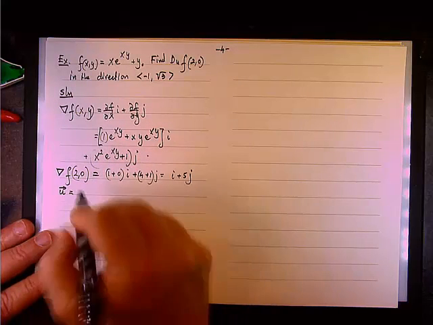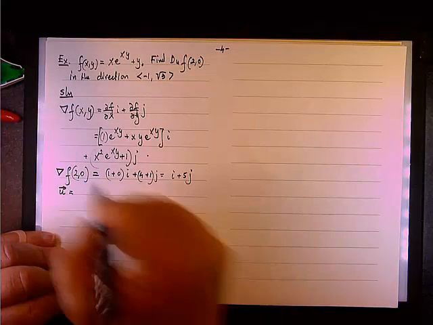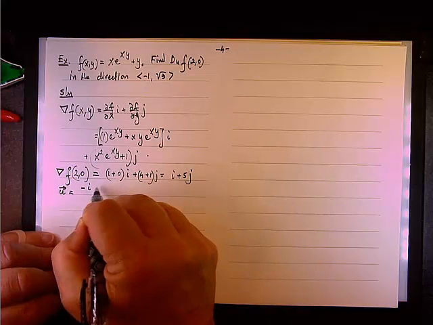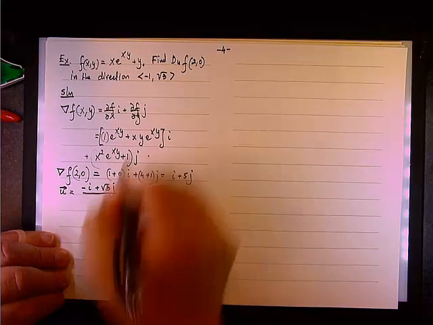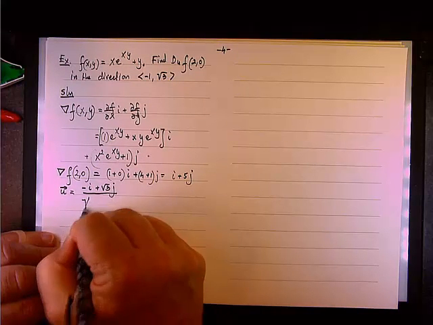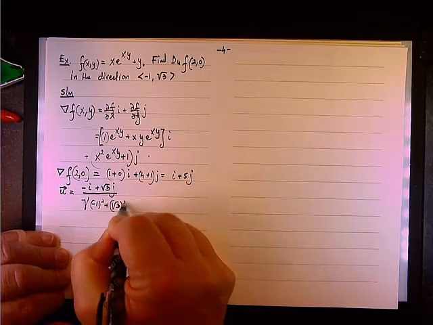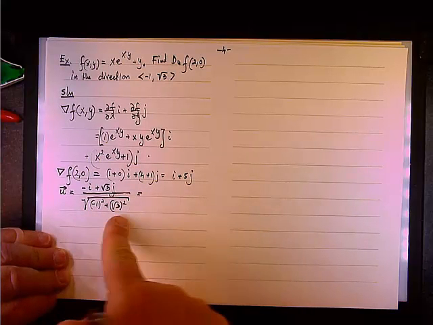Now we need to look at the unit vector. Okay, so what is the unit vector corresponding to this? I'll do it in ij components. Well, we have negative i plus square root of 3 j divided by the magnitude.